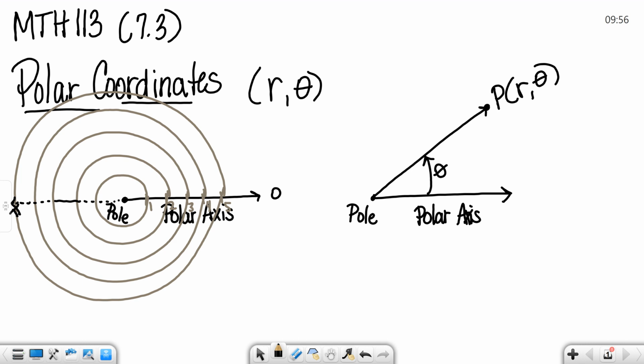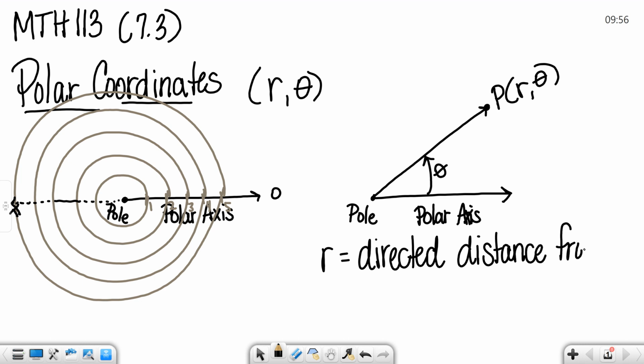We need to make sure we understand what r actually represents. R is the directed distance from the pole to that point P.